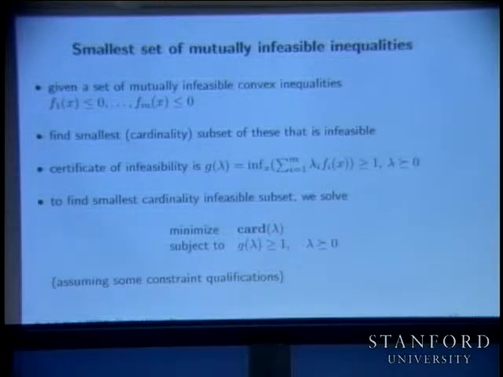Let's figure out what would be a powerful statement. A powerful statement, if I gave you 28 inequalities, would be to say that, as it happens, inequality number 14 alone is infeasible. That's a very powerful statement, because it means that if you're going to relax one, you have to relax that one. Everybody see what I'm saying? A slightly less powerful statement would be that 14, 22, and 37, those three together, are mutually infeasible.